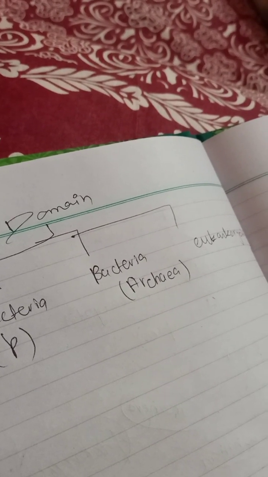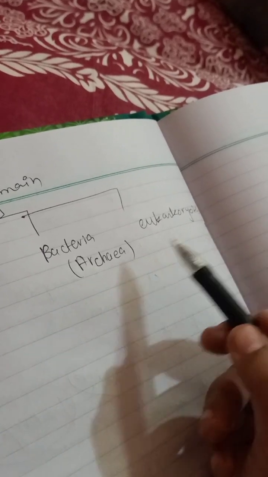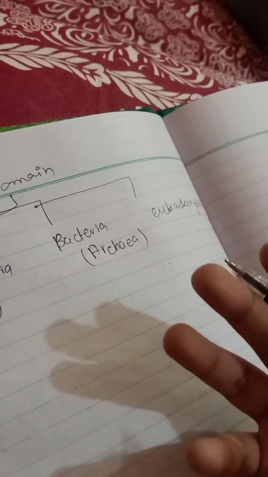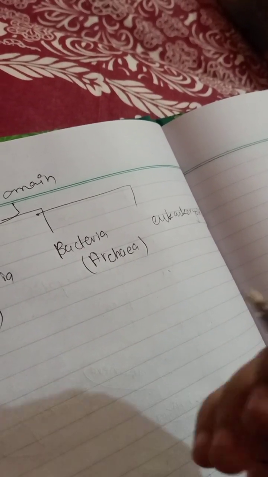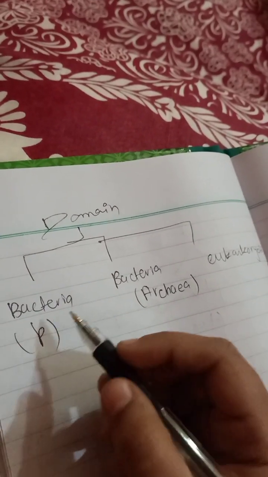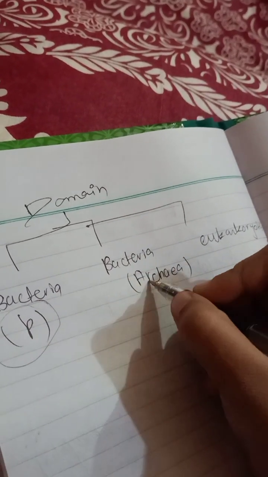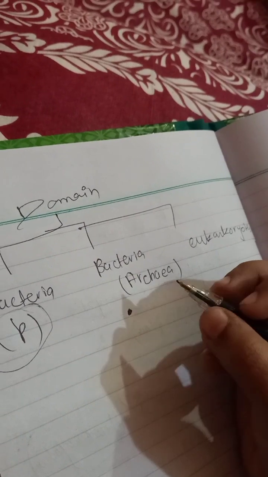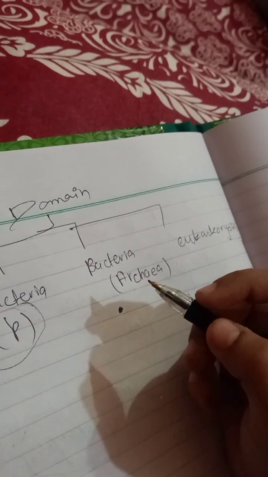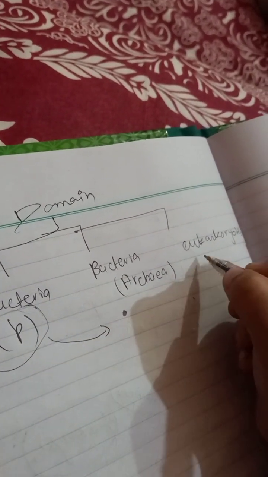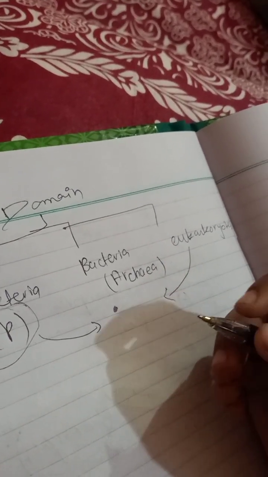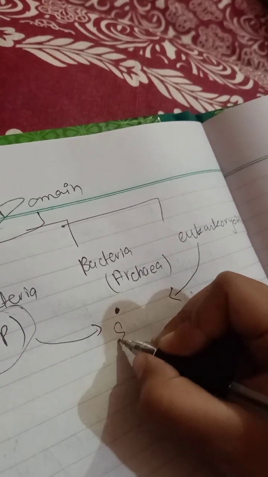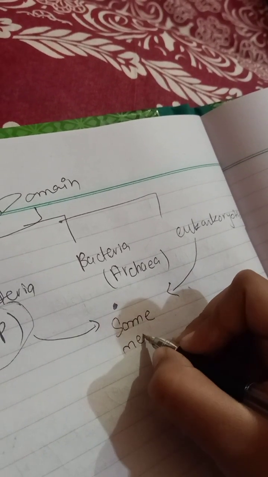These are currently the three domain system used in the classification system of bacteriology. Archaea have characteristics of the bacteria as well as the eukaryotes, as well as some new features.